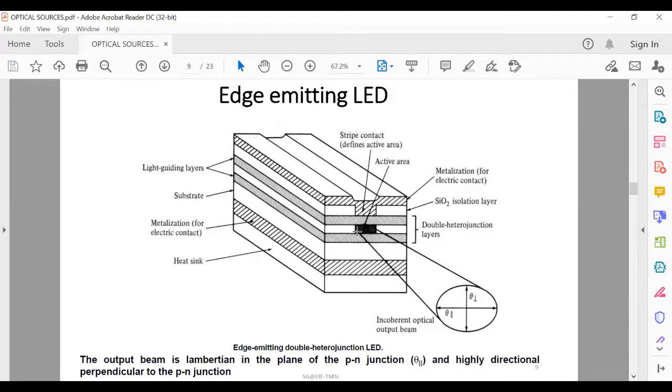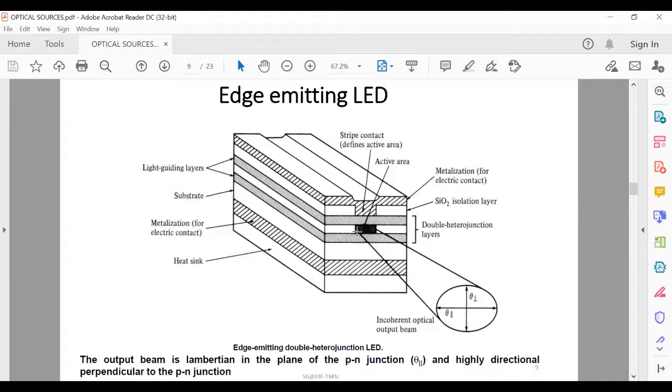Also the modulation bandwidth is much larger in this case, and it is not affected by catastrophic degradation mechanisms, and that's why it is more reliable to use. It has a better coupling efficiency than the surface emitter, but it is very temperature sensitive.